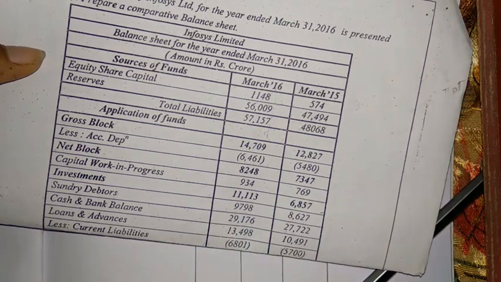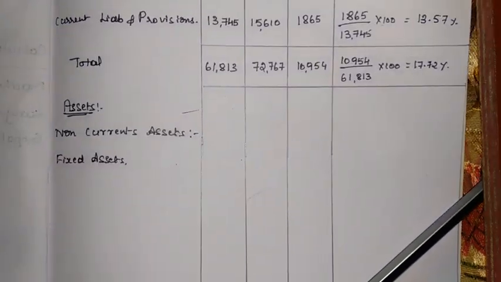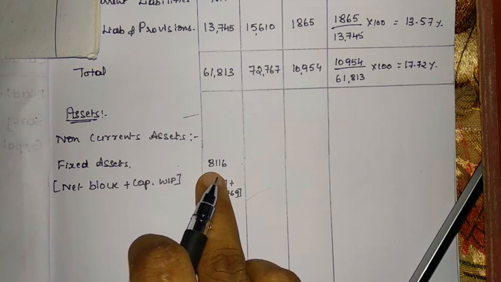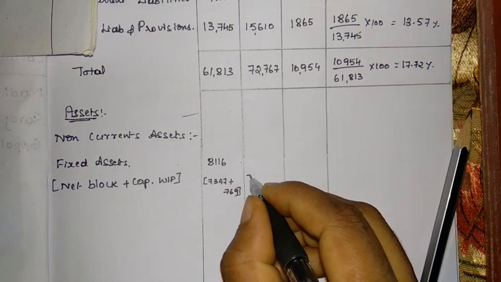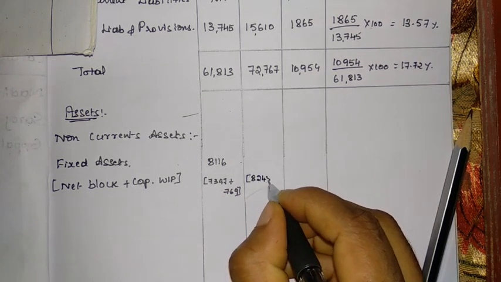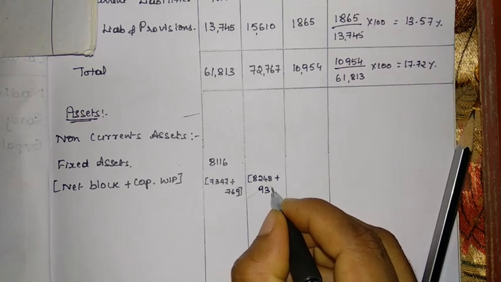So two assets we are taking together under one head, fixed assets, 8,116. And in the current year, net block value is 8,248 plus capital work in progress 934.